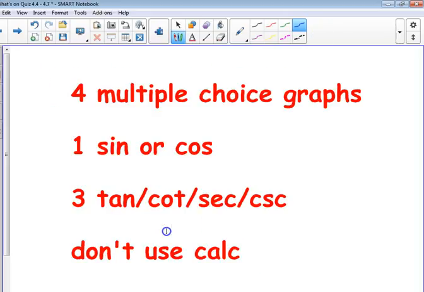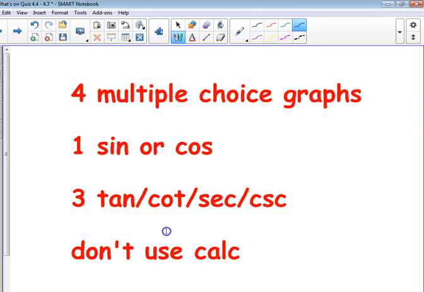Then there are 4 multiple choice graphs. One is a sine or cosine, and the other 3 are either tangent, cotangent, secant, or cosecant. They're matching, okay? It gives you an equation, pick which one is graphed correctly. I would suggest that you can do them all without your calculator because they're not horribly complicated.